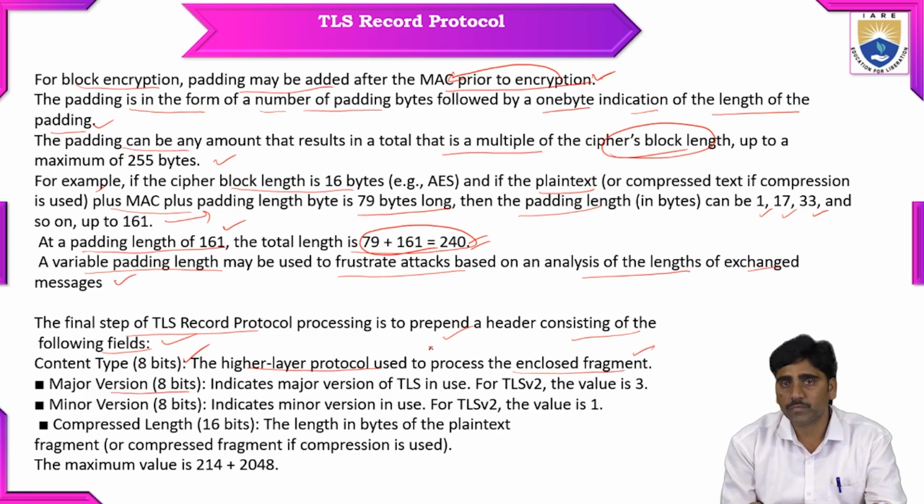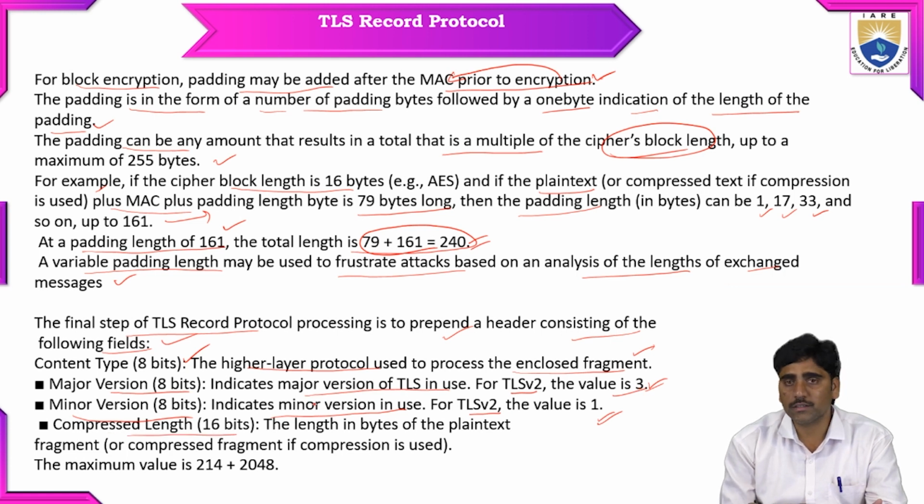Major version indicates the major version of TLS in use; for TLS v1.2, the value is 3. Minor version indicates the minor version in use; for TLS v1.2, the value is 1.